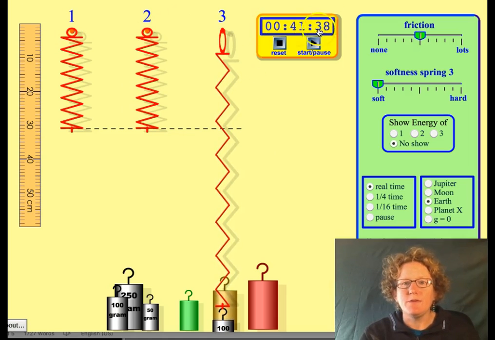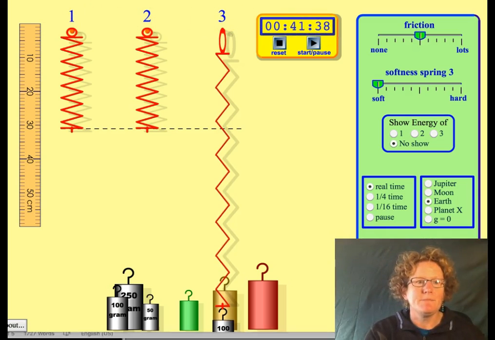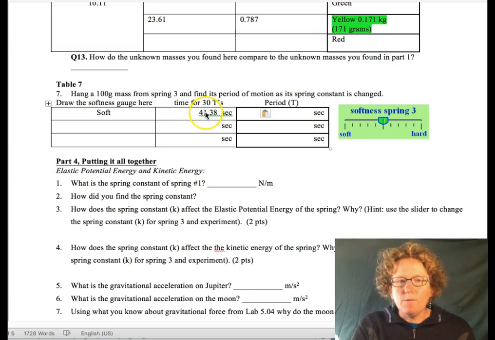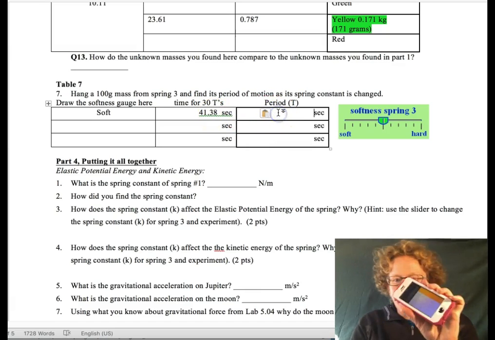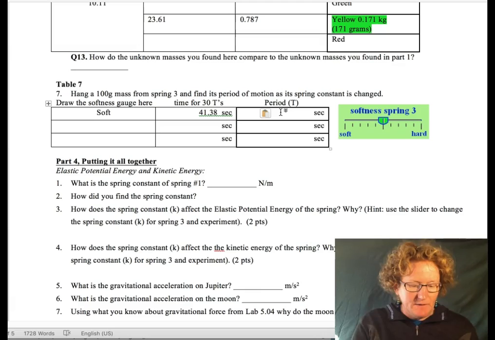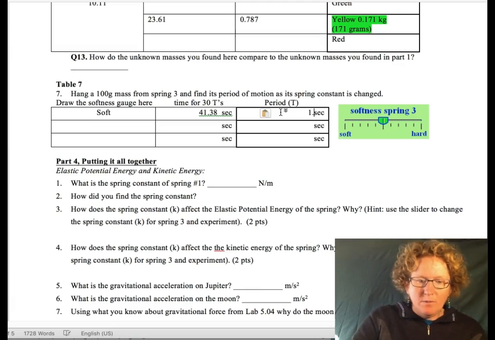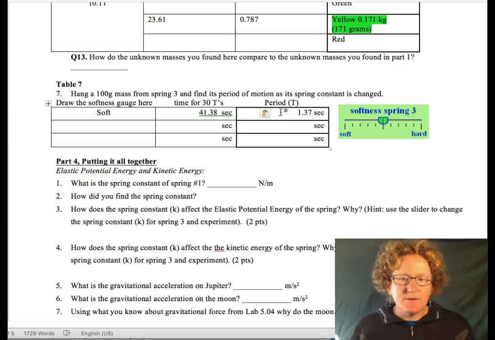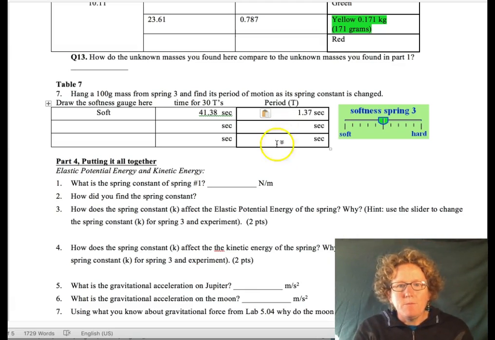So 41.38 is the number we want to transfer to our lab. So we've got 41 seconds and 38 hundredths. I divided that by 30 on my calculator, and I get 1.37 seconds, which is a lot different than some of the periods we found earlier in the lab.